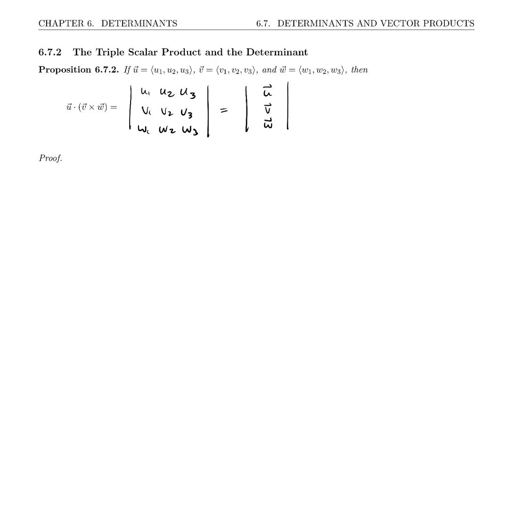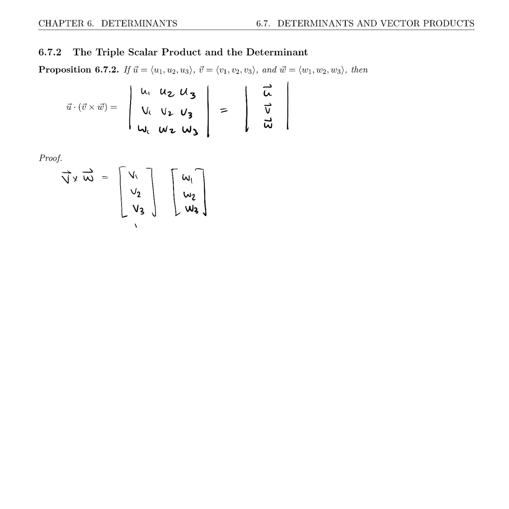Proof. So let's go and calculate the triple scalar product like we would have back in our chapter on vectors. First, we would start with the cross product, so v cross w. We'd write out the vectors, so v1, v2, v3, and w1, w2, w3.